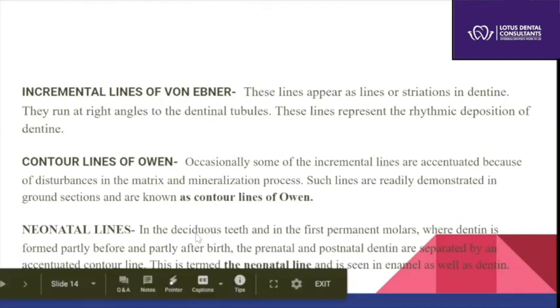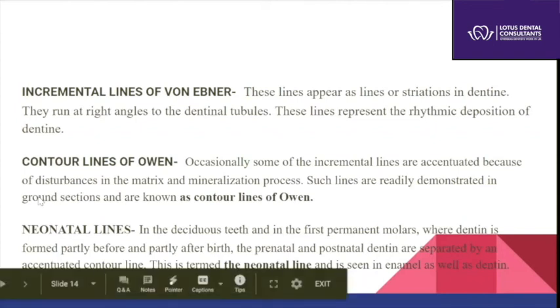So the neonatal line is only seen in deciduous teeth and first permanent molars. This is very important, Aisha, because at the time of birth, only the enamel and dentine of the deciduous teeth and first permanent molars is formed, so prenatal and postnatal dentine is separated by neonatal lines.